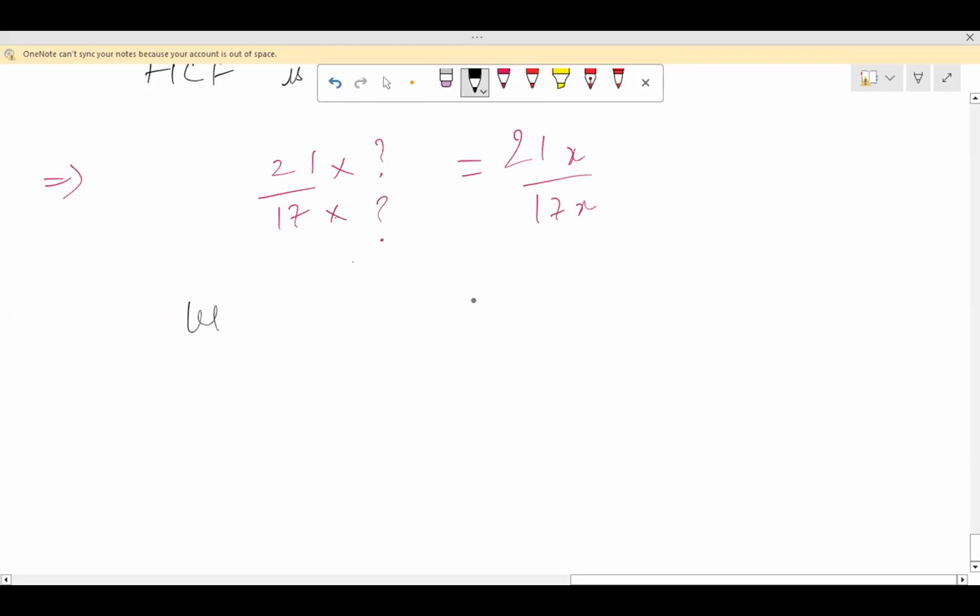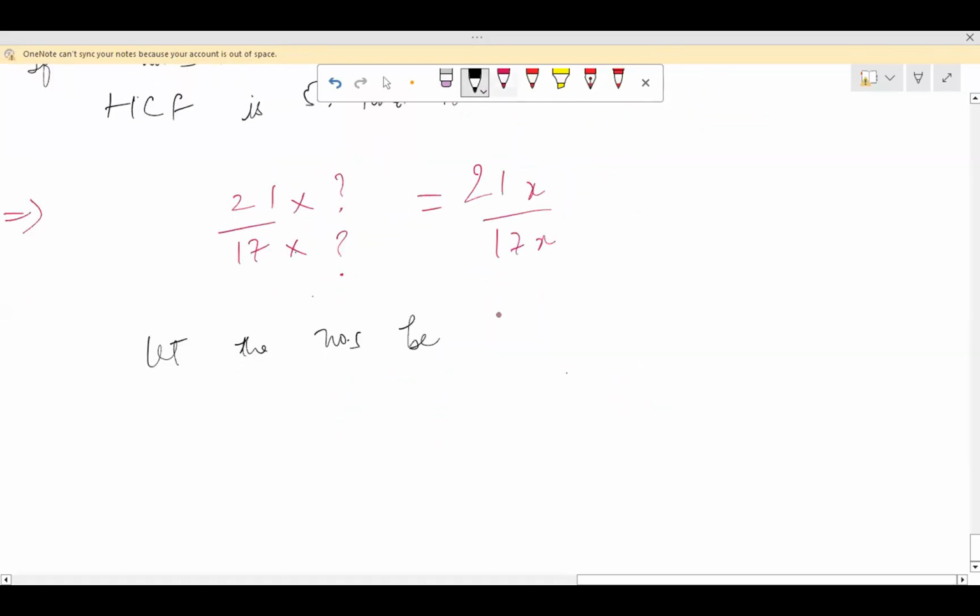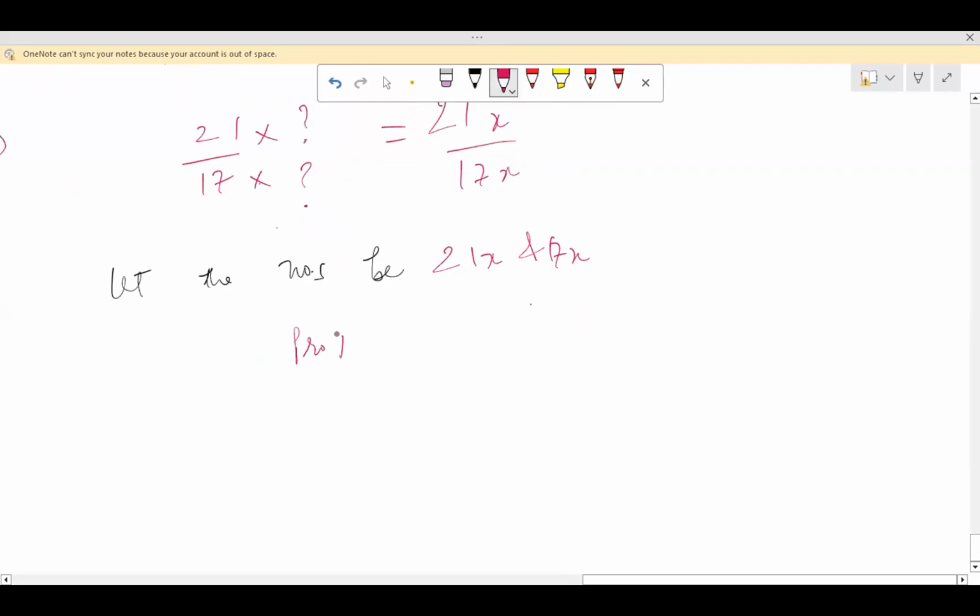Let the numbers be 21x and 17x. We know that the product of the two numbers is equal to what?